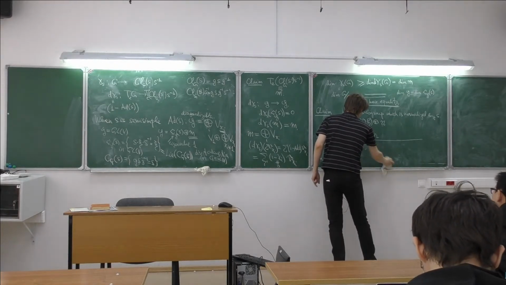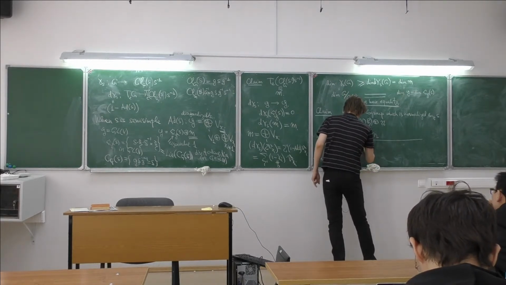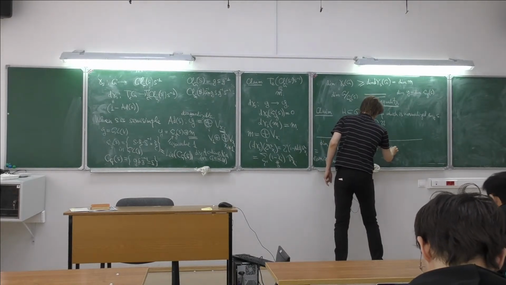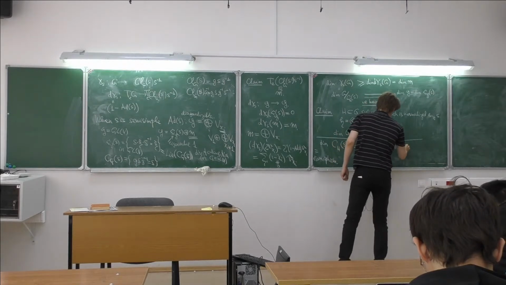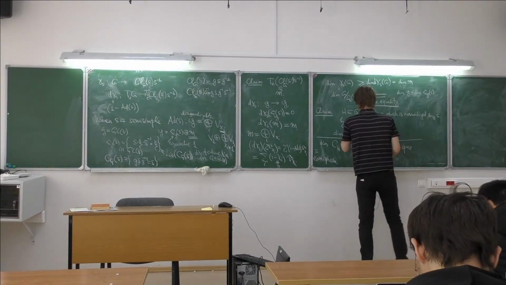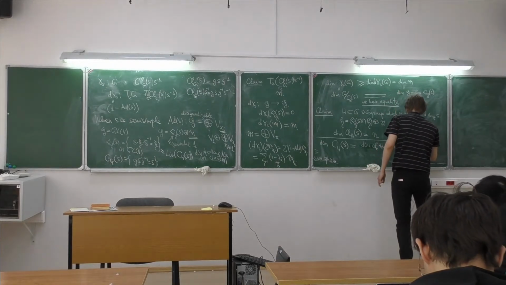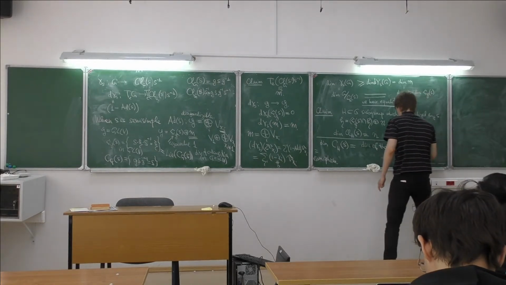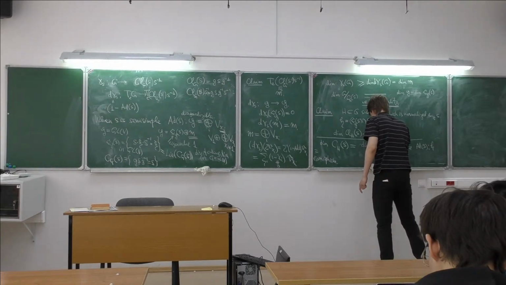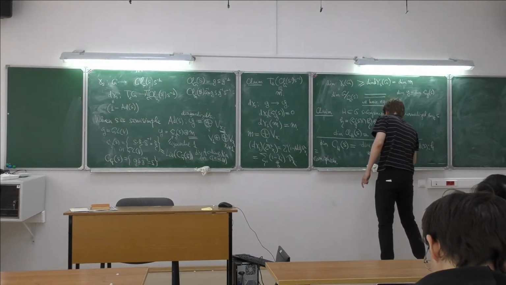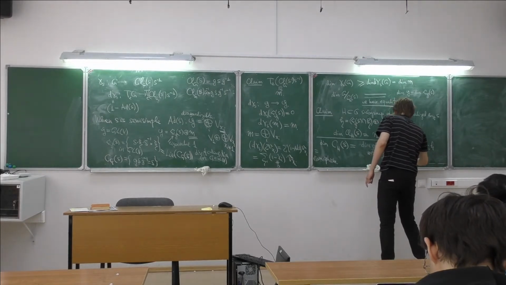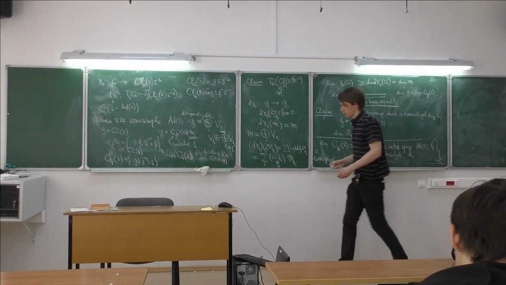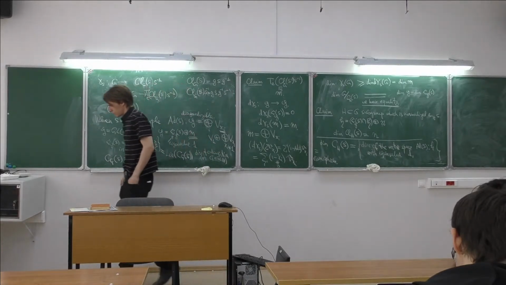So it is the dimension of the vector space of the joint action of S on H with eigenvalue 1. Okay.